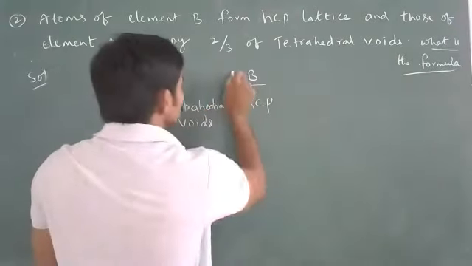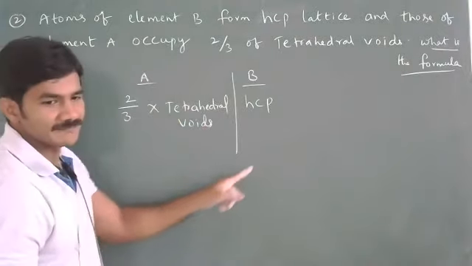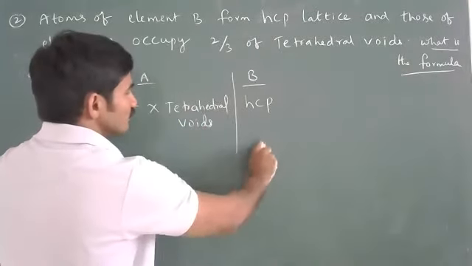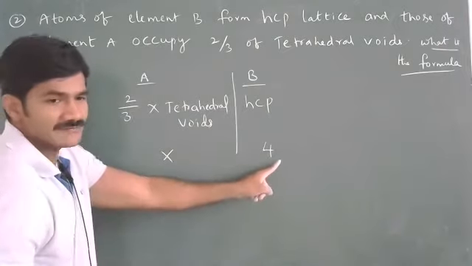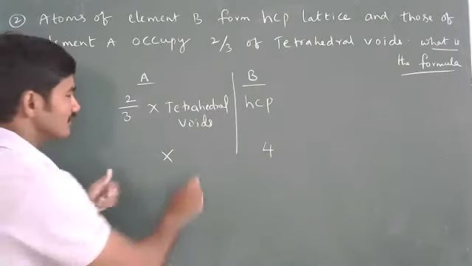So here it is HCP. How many atoms are there? 4. For HCP, CCP, FCC, the number of atoms is 4. So how many tetrahedral voids are there? If 4 atoms are there, tetrahedral voids are double, 8.